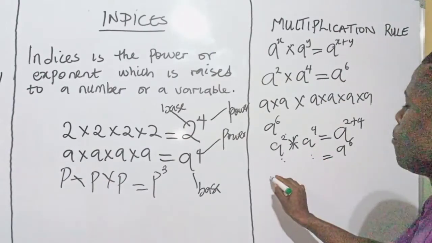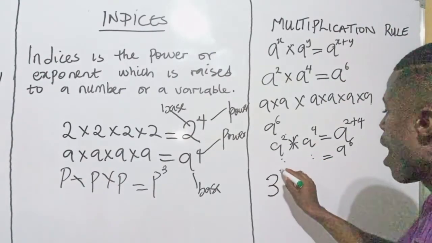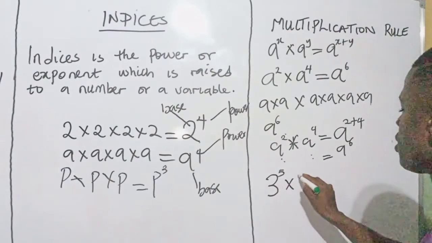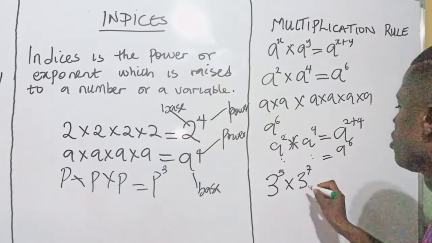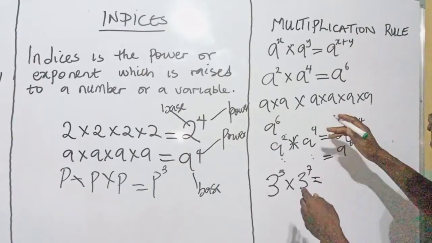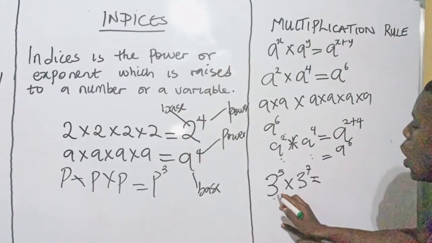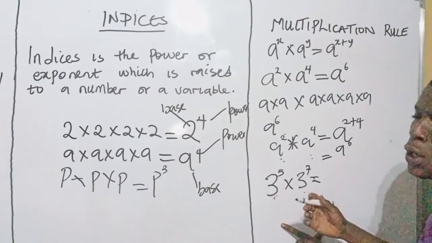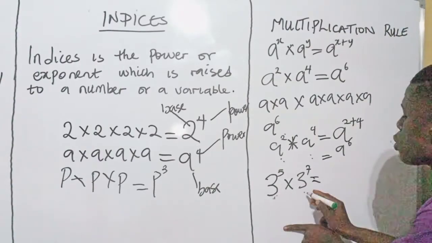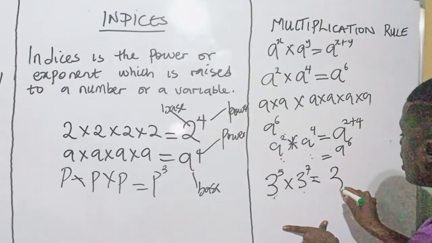Let's say we have 3 raised to power 5 times 3 raised to power 7. So at this point, using the same pattern here, you can see that we have base 3 and base 3. So they have common bases. To simplify this, I take out the base to be 3.